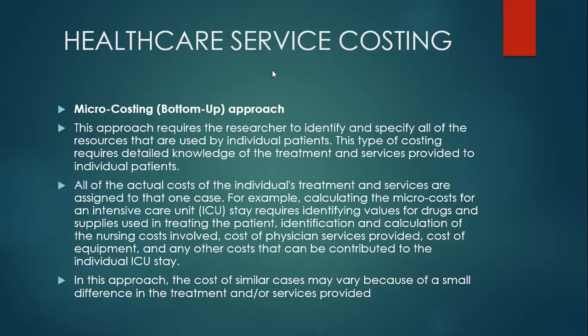So you have to identify all these individual costs. With this approach, the cost of similar cases may vary because of small differences in the treatment and or services. Because we are picking individual costs, depending on the kind of service and treatment you are providing to the patient, the costs will be different.